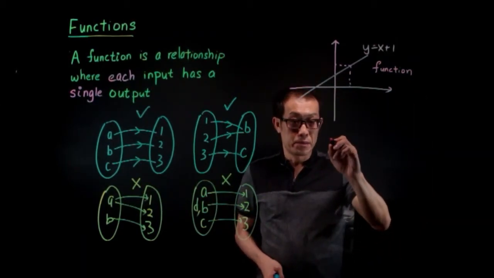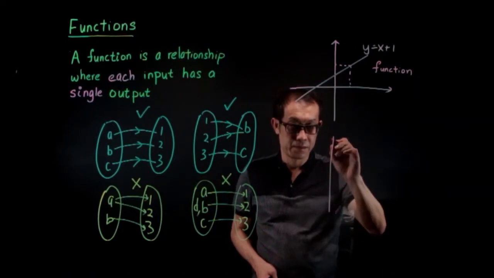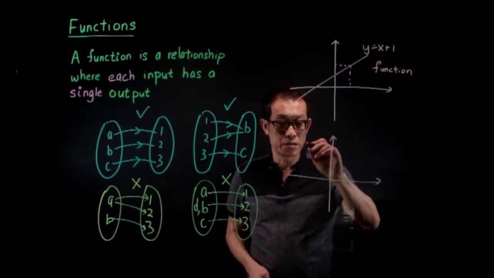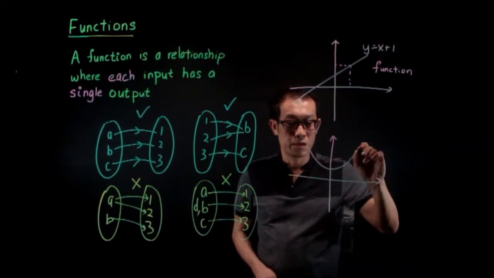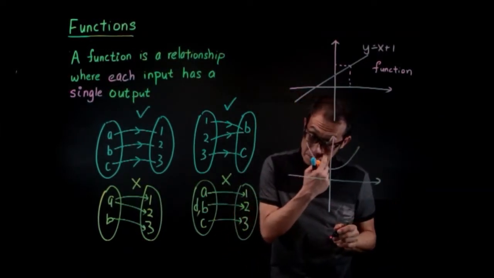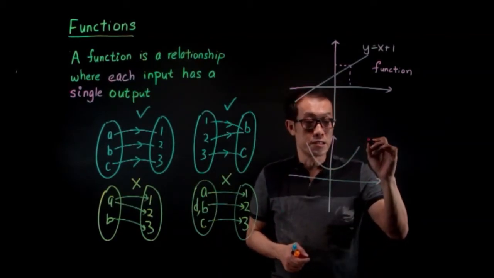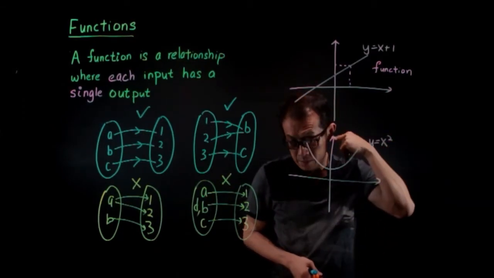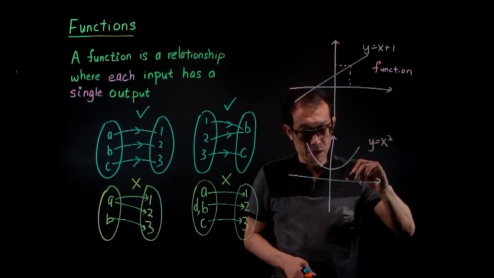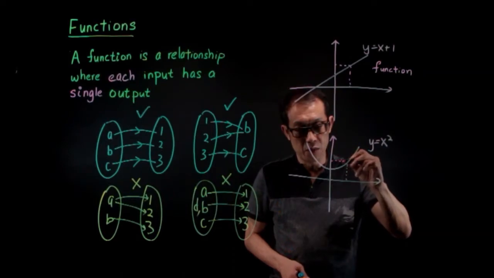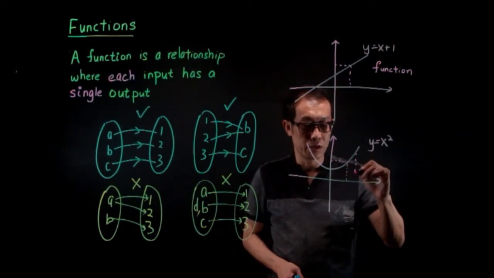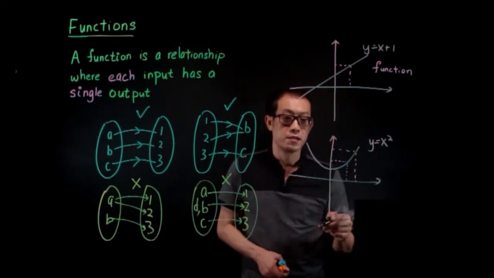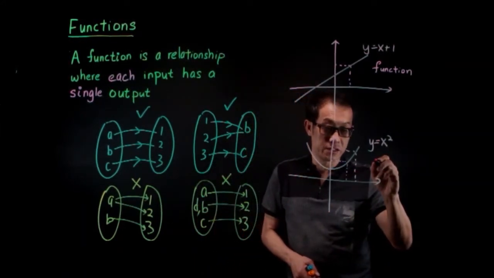Now another example. How about this graph? This is a y equals x squared graph. Every input has an output. Another input, you have another output. Now this is also a function.